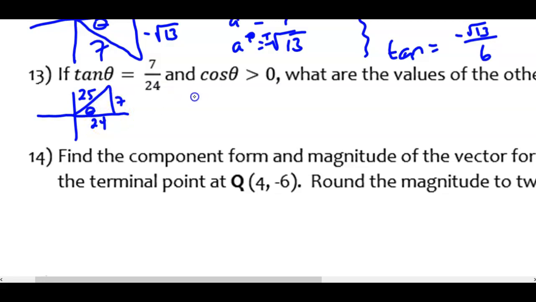That'll get you your little triangle right here. Now we know tangent, so let's go to sine. Sine is 7 over 25. We know, oh no, we don't. Cosine is 7 over 24.